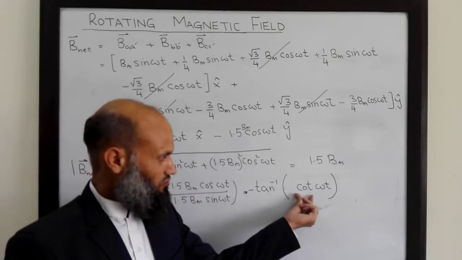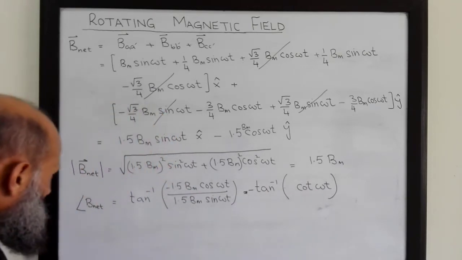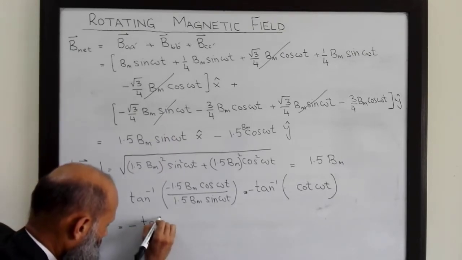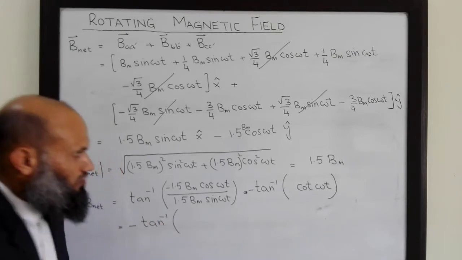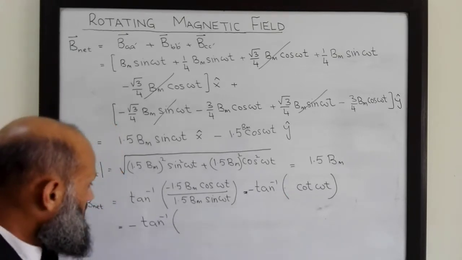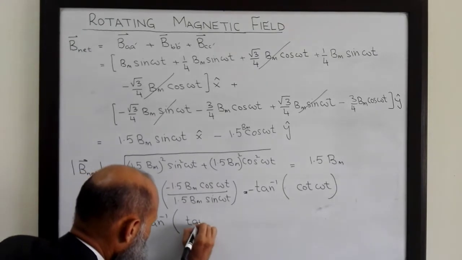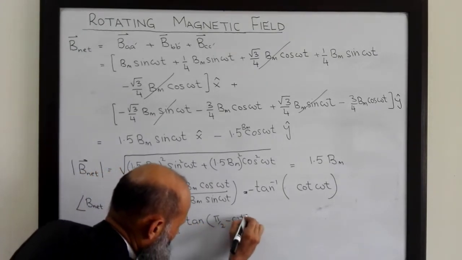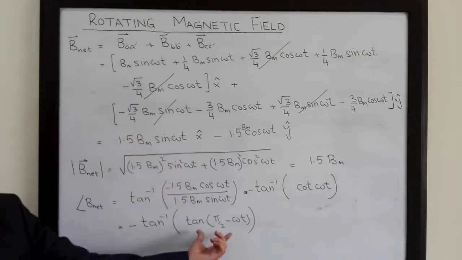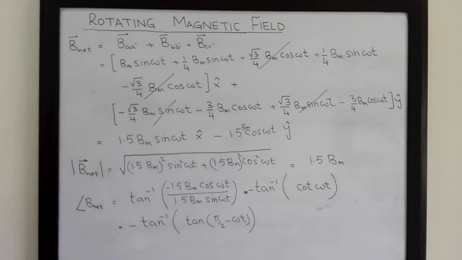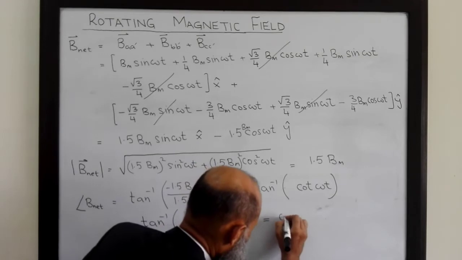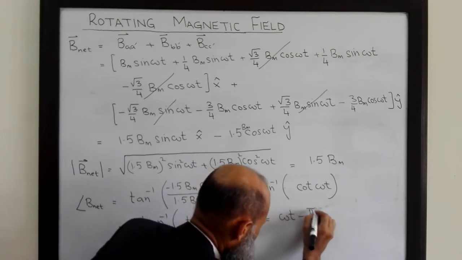We further know that cotangent of omega t, that is equal to tangent of pi by 2 minus omega t. You can verify this trigonometric relation. Tangent inverse is cancelled out with this tangent, and therefore we have omega t minus pi by 2.